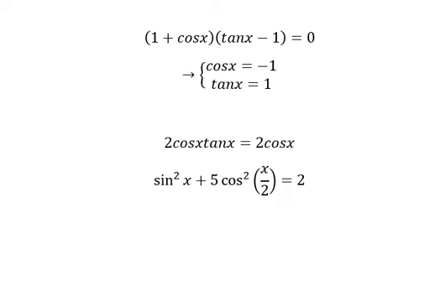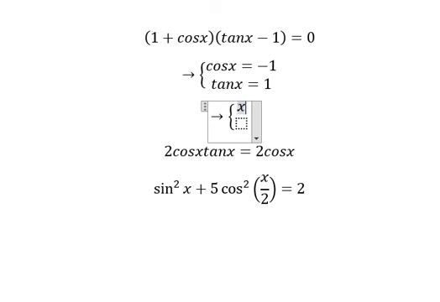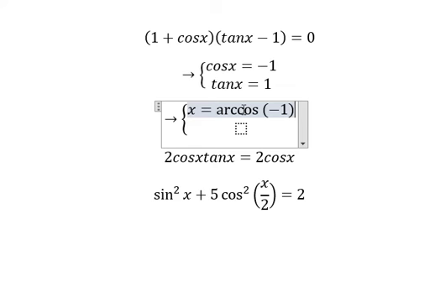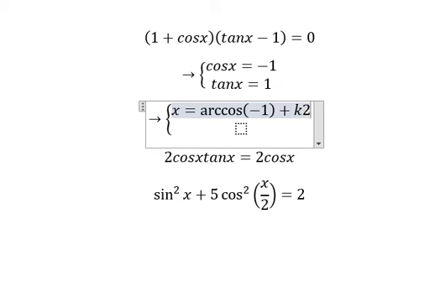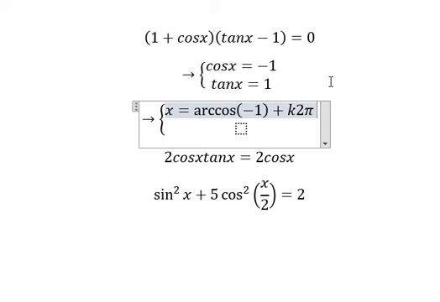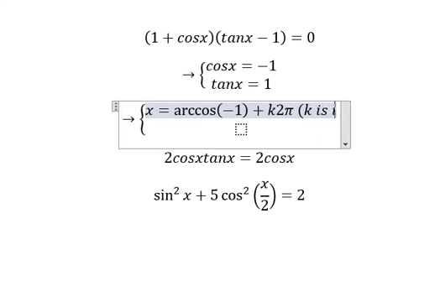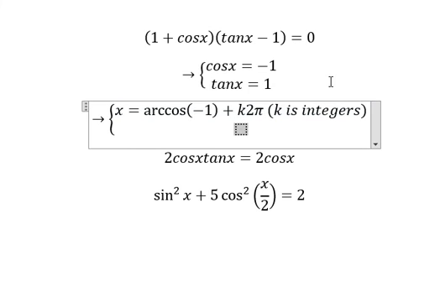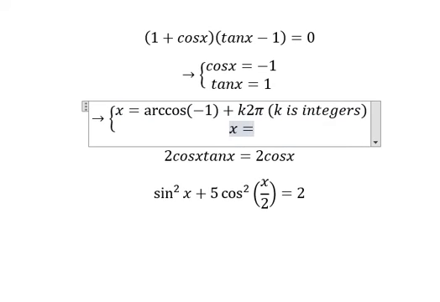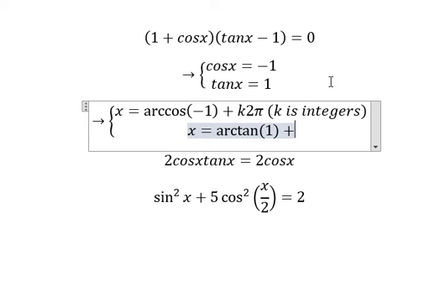So we have two solutions in here. x equal to arccosine of negative 1 plus 2kπ, and k is an integer. And the second one is arctan of 1, plus kπ.